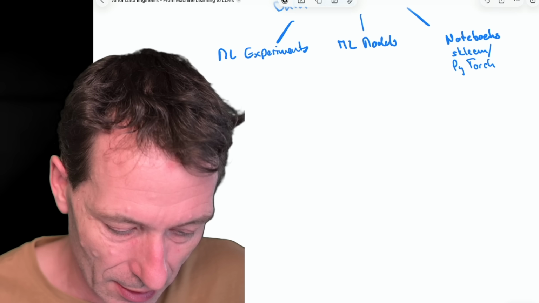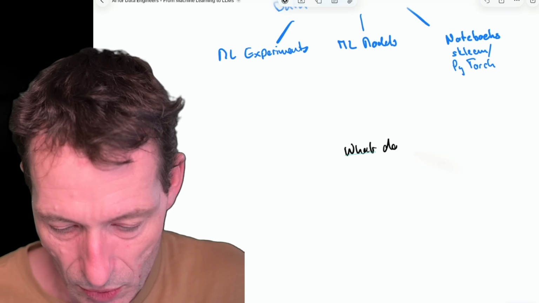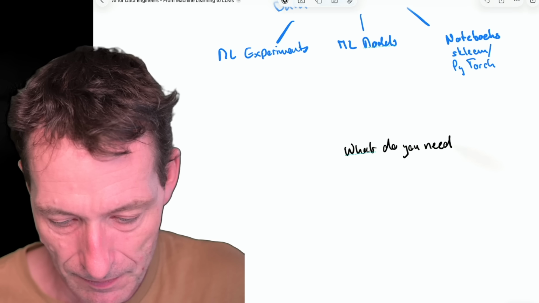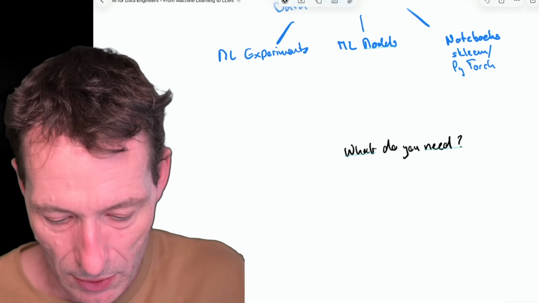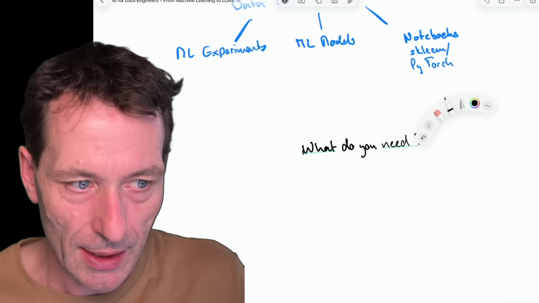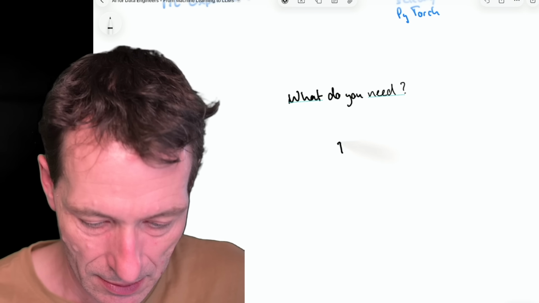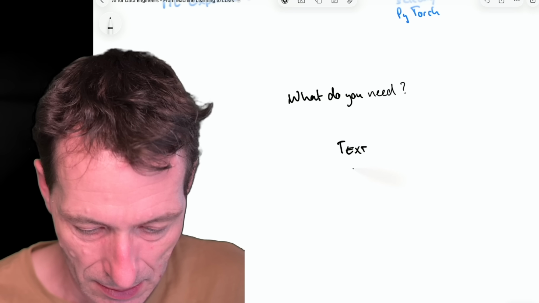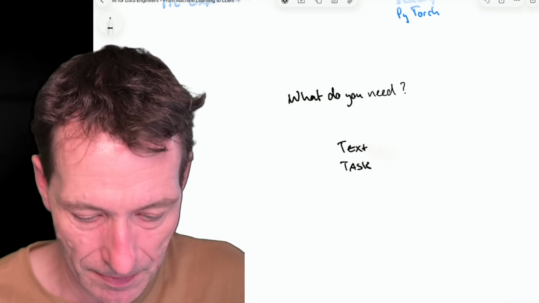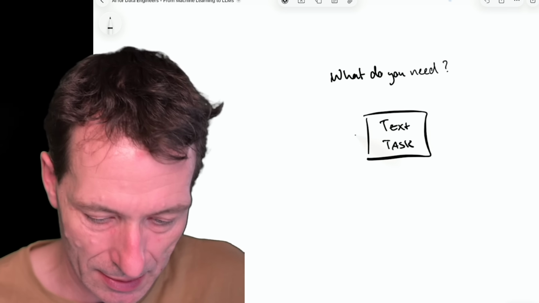So the starting question is always, what do you need? Your need. What's your business case? So first, do you need a text or language task? Let's keep it simple. Do you need a text-based task?